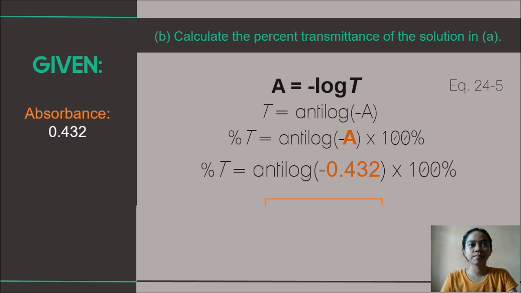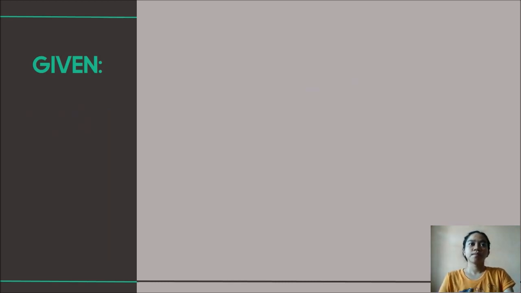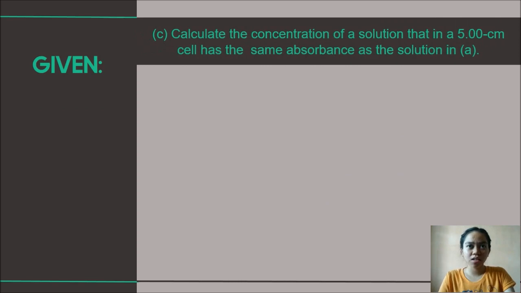Next problem. Calculate the concentration of a solution that in a 5 centimeter cell has the same absorbance as the solution in A. That means we will also need the absorbance that we solved earlier, which is 0.432.